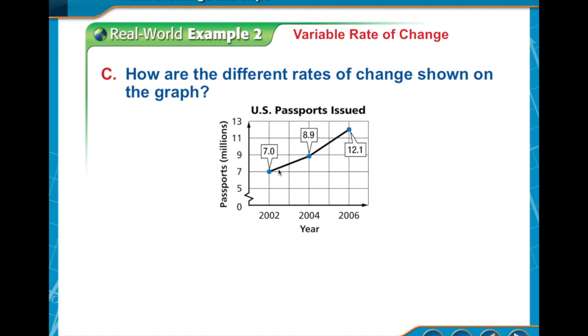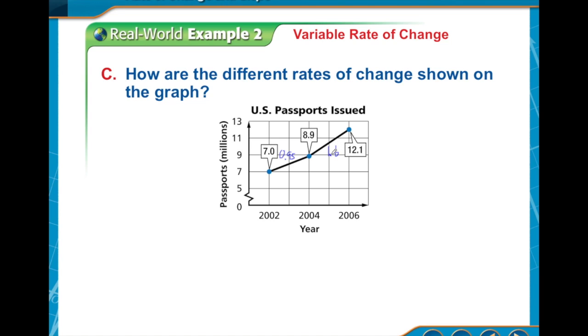Another word for the rate of change we said is slope, and slope is the incline of the line, right? So this first one is more flat. That was our 0.95 million. This one is much more steep, and we said the rate of change here was 1.6 million.